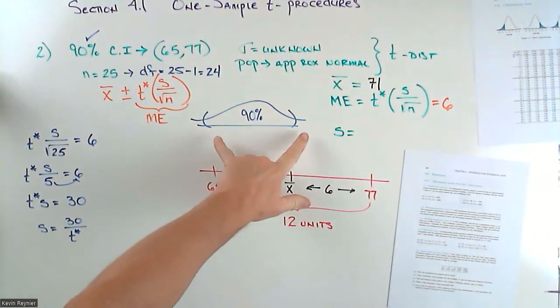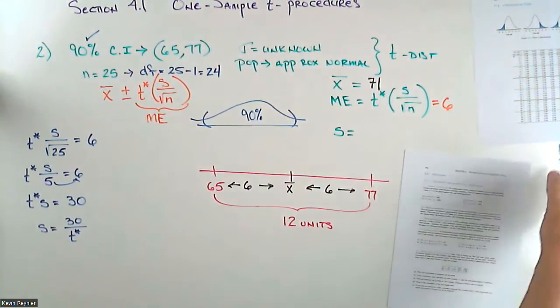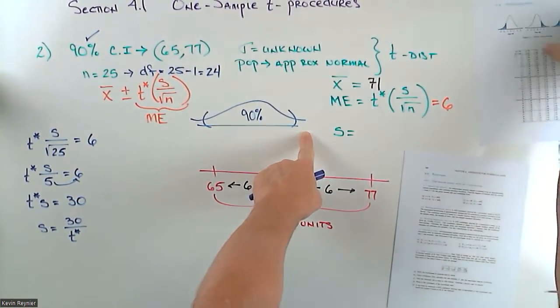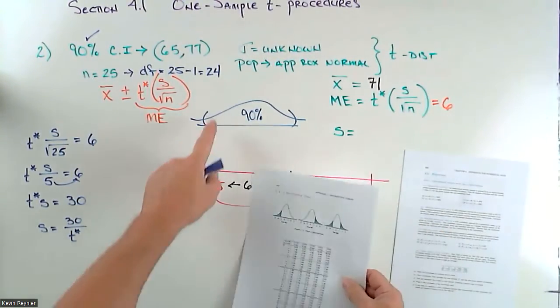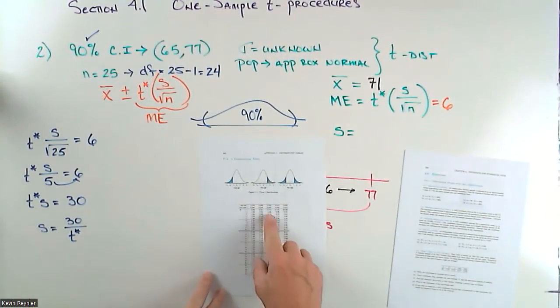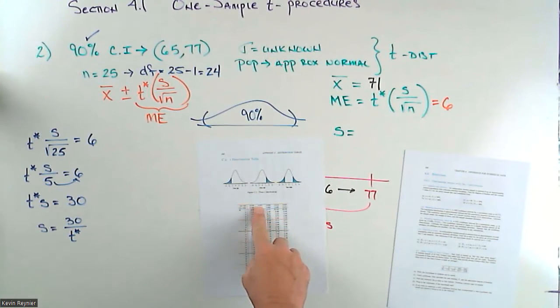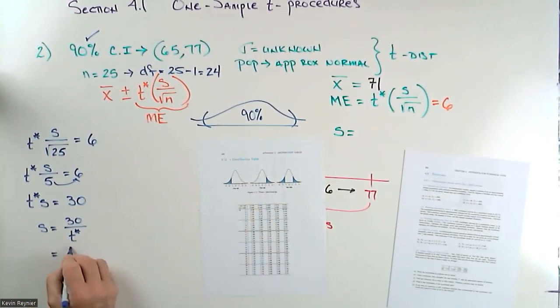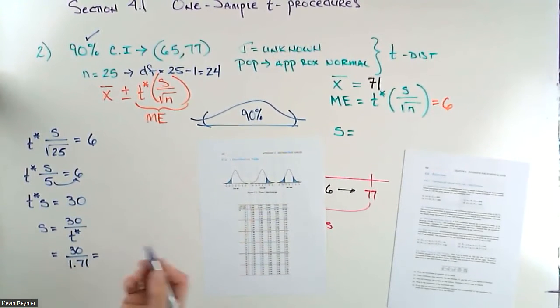We have 10% in both tails, or 5% in a single tail, however we want to use the table, and our rho is going to be 24. So we look up here for 5% in one tail, or 10% in two tails. We go down to 24 as our degrees of freedom, and we get 1.71. So s is going to be equal to 30 divided by 1.71. And then we just grab a calculator, work that out, and we found s.